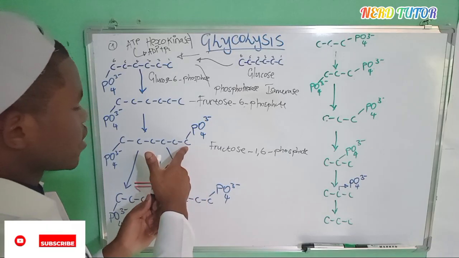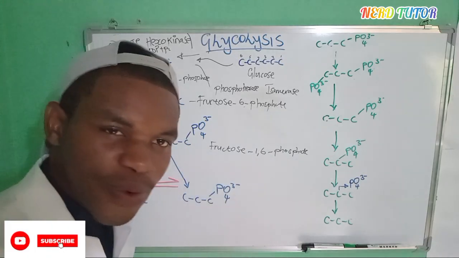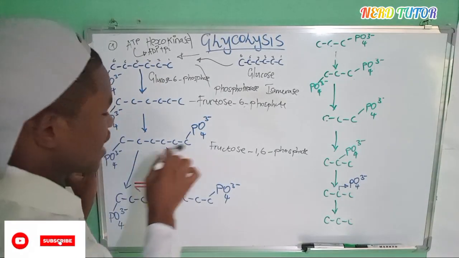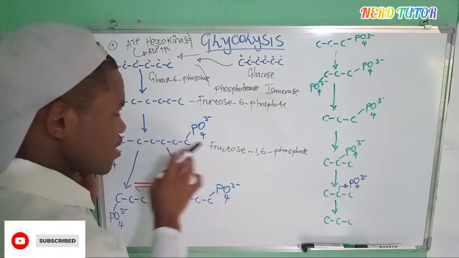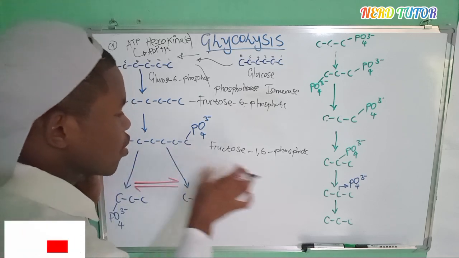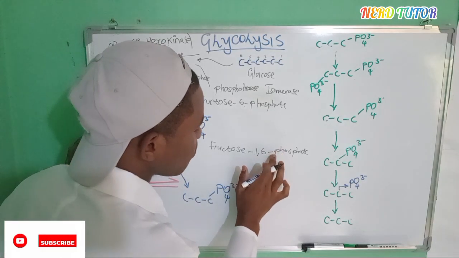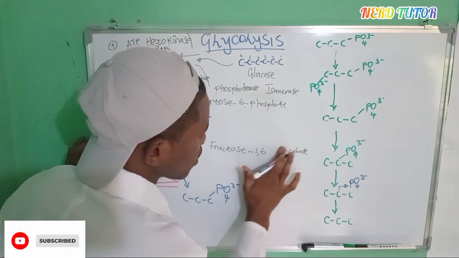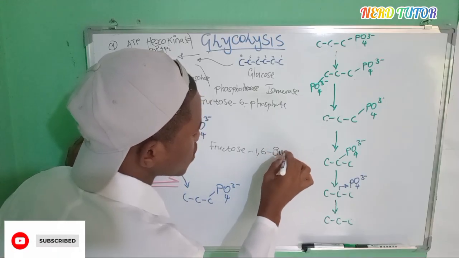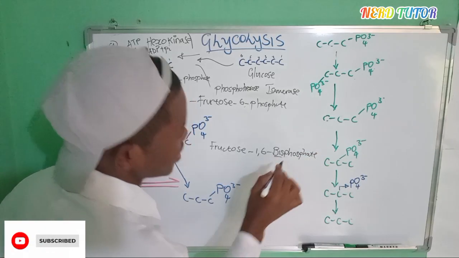But mind you, we are not done naming this. Why? Because we're having two, and they are apart. Since these are apart, we are not going to say diphosphate, we are going to say bisphosphate. So we are going to say 1,6 bisphosphate, like that.